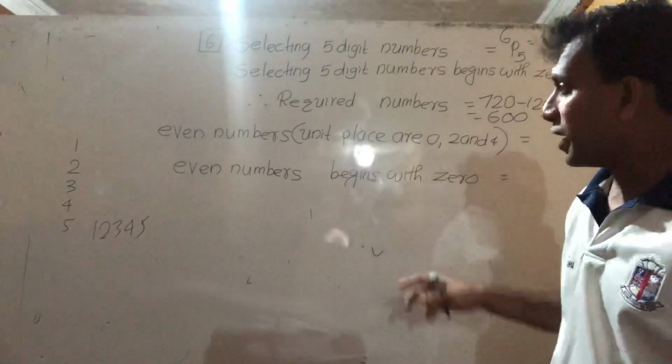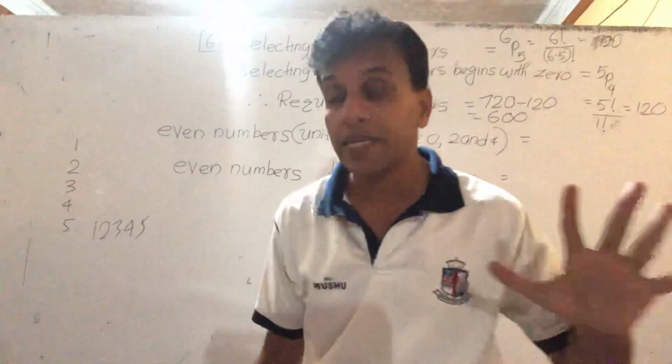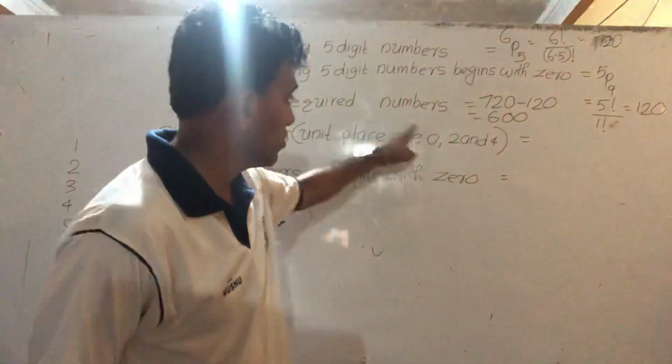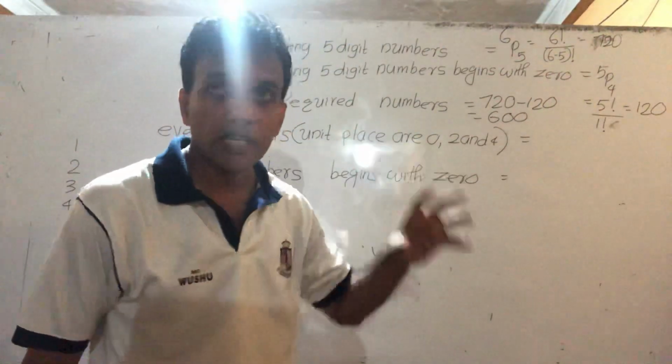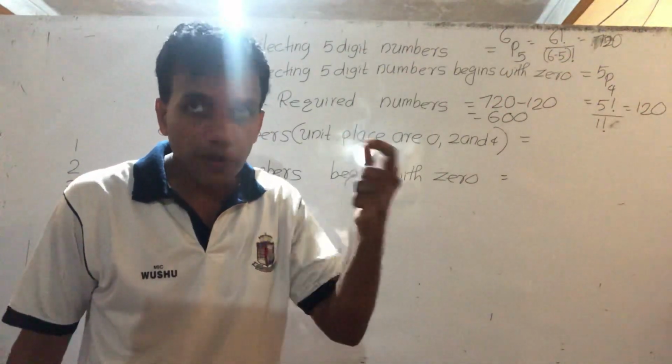Now we find the unit place. Totally 5 digits are needed. Take 1 from these 3, 0, 2 or 4. 1 number taken from that is the unit place.